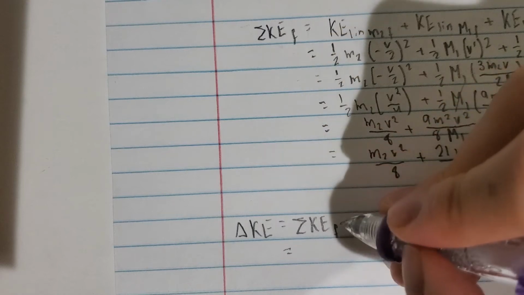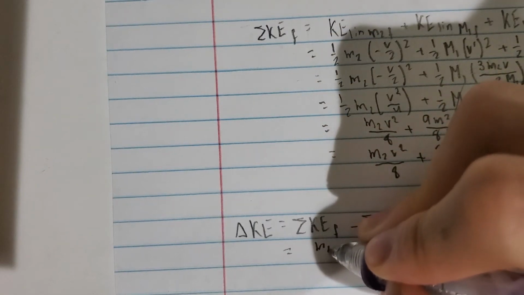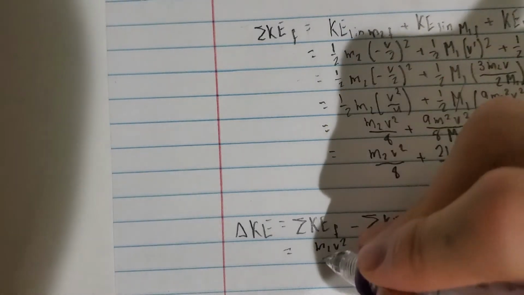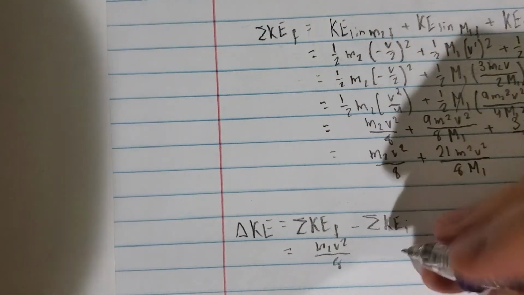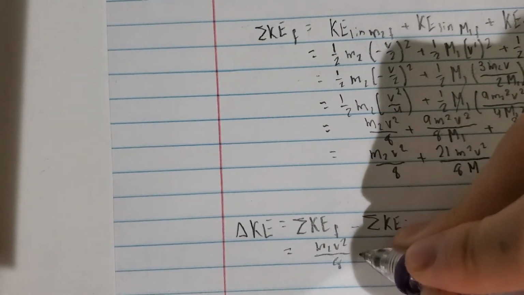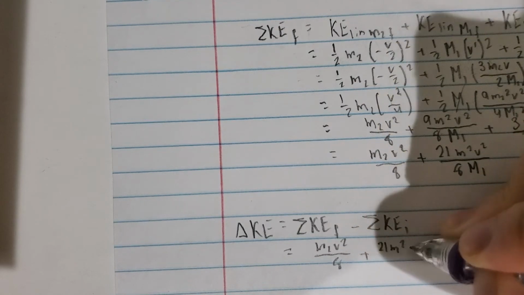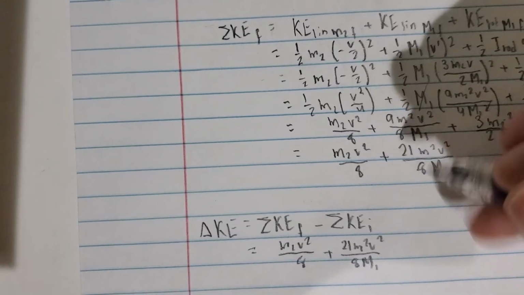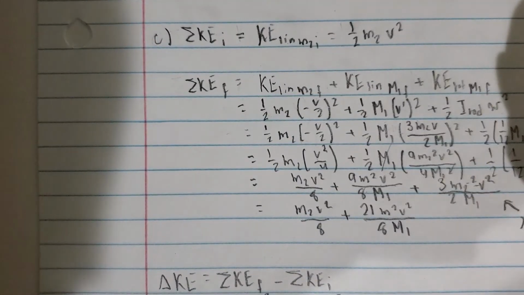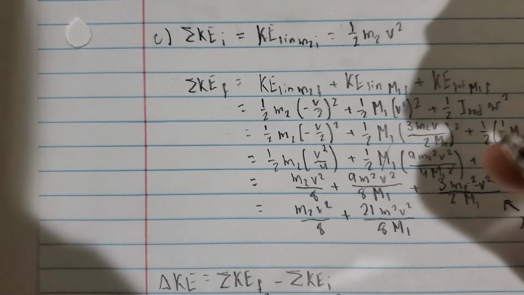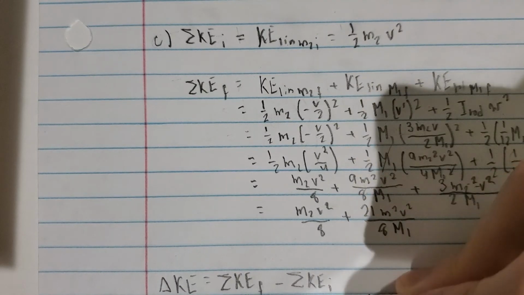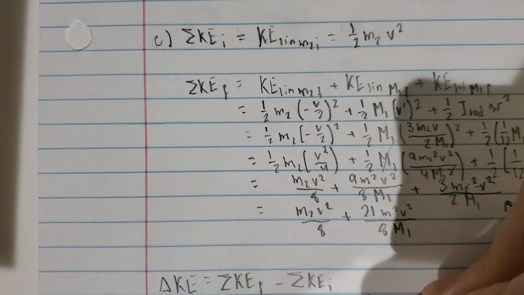My total kinetic energy final is M2 V squared over 8 plus 21 M2 V squared over 8 M1, and my total kinetic energy initial is 1/2 M2 V squared, so subtract that.